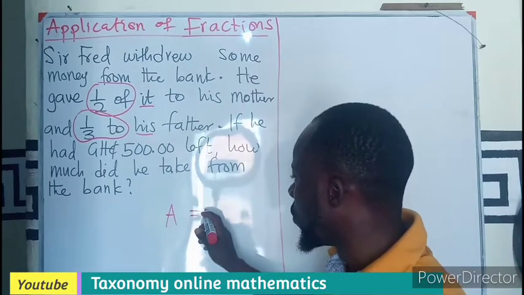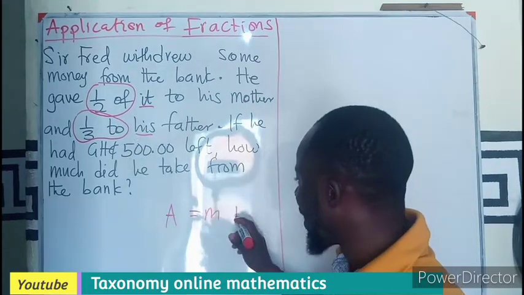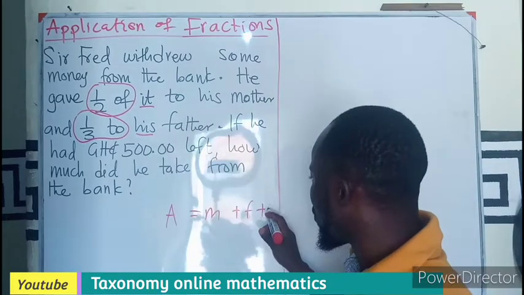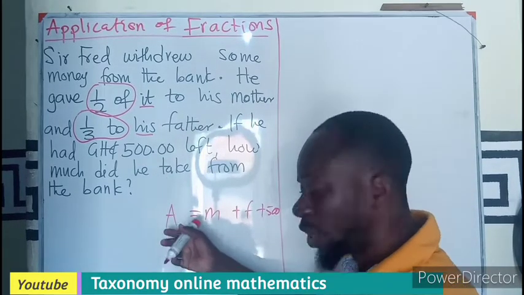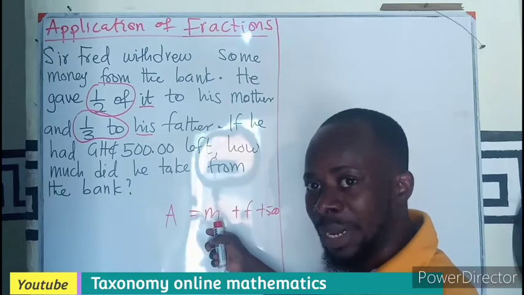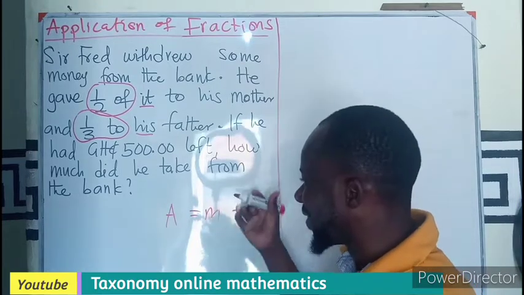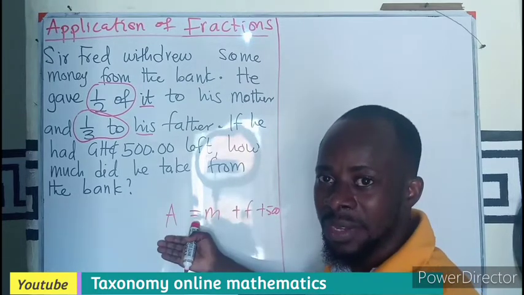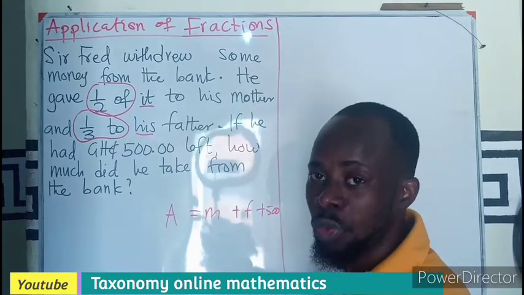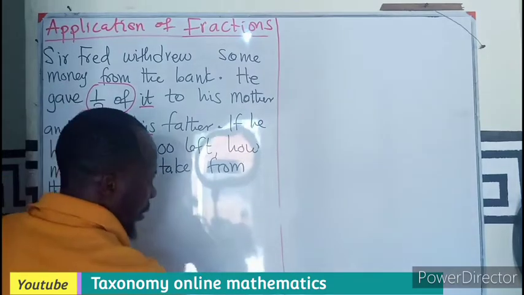If I give to mother the amount, not the fraction of it, plus the amount I give to father, not a fraction, plus what I am left with, that gives me the amount. This is what I took from the bank. I gave some part of it to my mother, some part to my father, and I still have 500. So this is an equation. If I let the unknown amount become a variable, then I can form an equation this way.